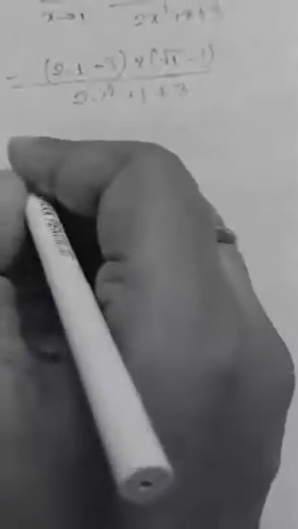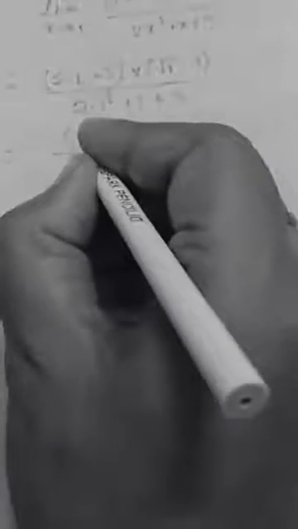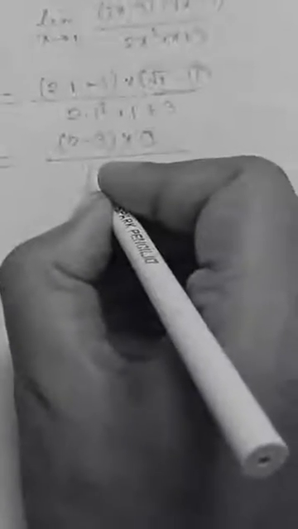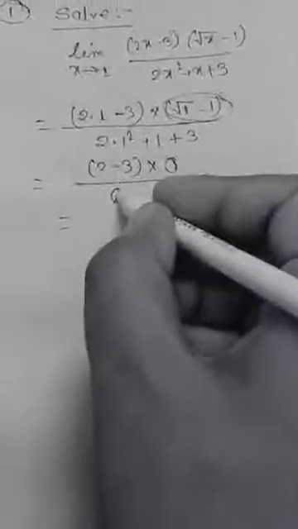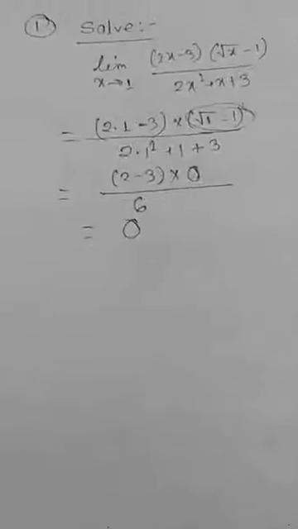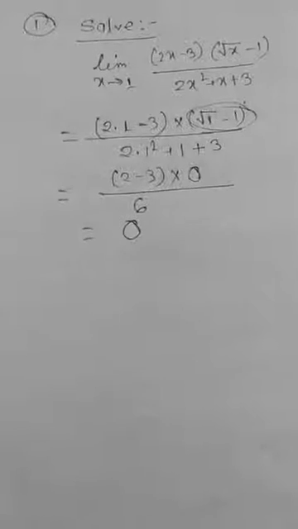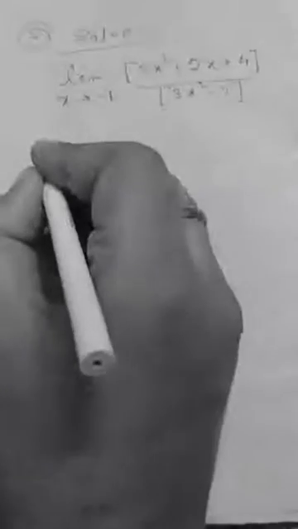So this is equal to 2 minus 3, and this is equal to 0, and this is equal to 6. 0 into something by 6, whatever, 0 here, so answer is 0. Okay, next.